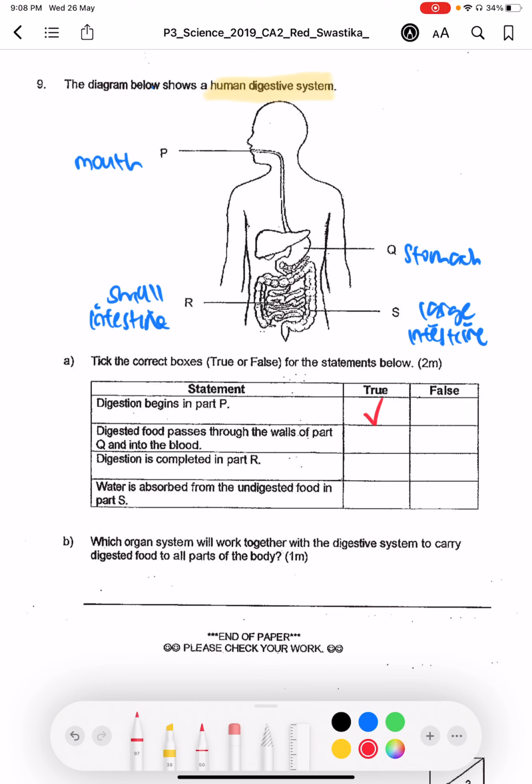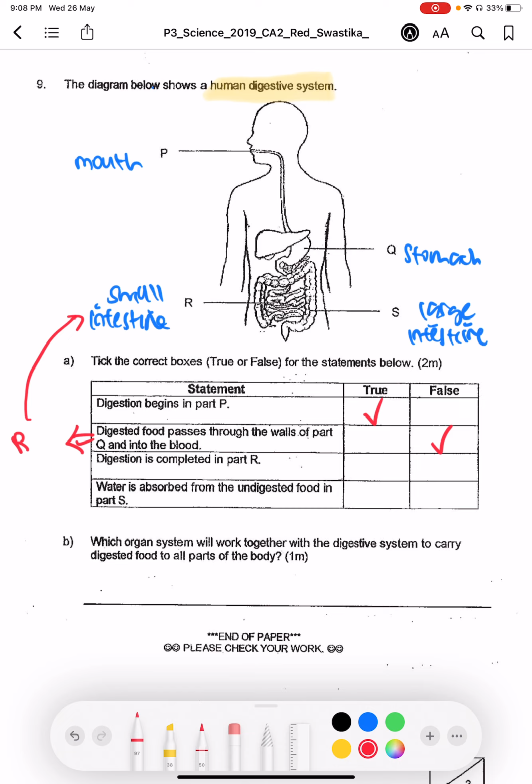So this is actually false. For this statement, it should actually be referring to part R, which is the small intestine, because the small intestine's walls are able to pass through digested food and into the bloodstream to be transported to the rest of the parts of the body.